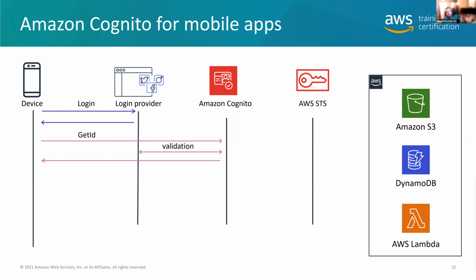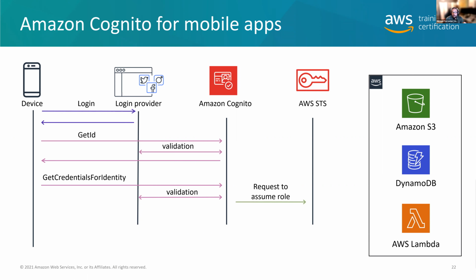If all of that validates, then it's going to submit a validation back to the app, and then it's going to get credentials. The next call is going to be, hey, I'd like to get some credentials for my identity. It's going to validate again. It's going to request to assume a role, and then it's going to return credentialing all the way back to the device. And this is going to happen really fast, right?